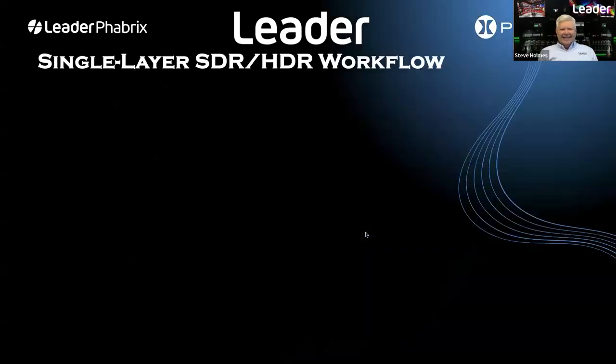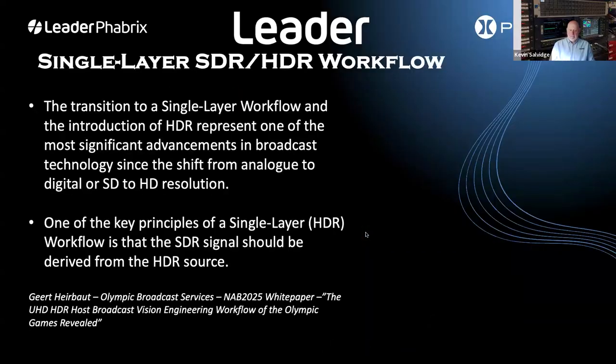Anyway, for those of you who attended NAB, OBS published a white paper, and I would recommend downloading this and having a read, because OBS have now worked on SDR and HDR for a number of years across a number of games, and have been one of the key drivers of what's known as the single layer workflow.